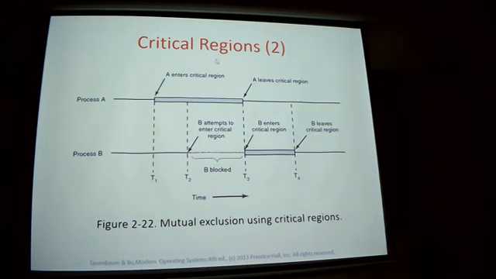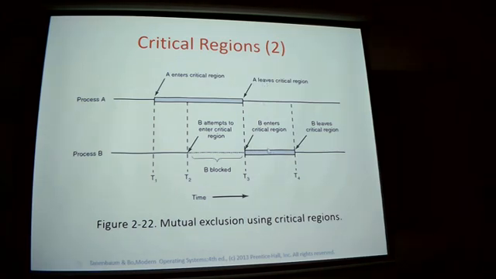Now we just block process B, so the state of process B is blocked. And at timestamp T3, we find that process A has left the critical region, so process B can enter this critical region, because A leaves.